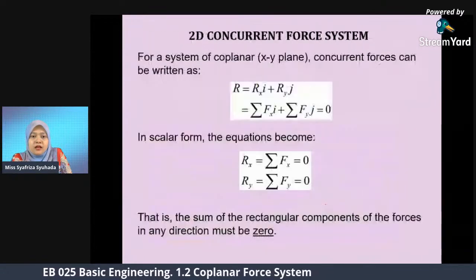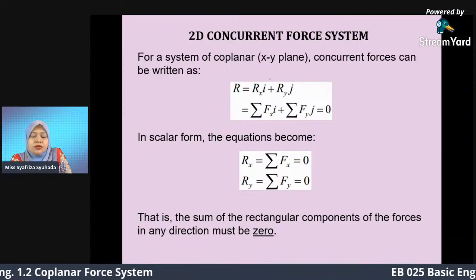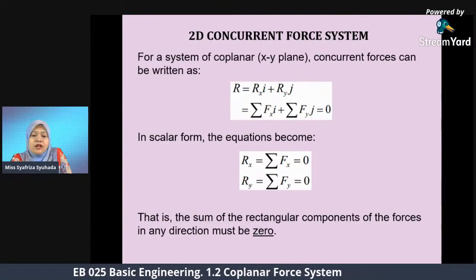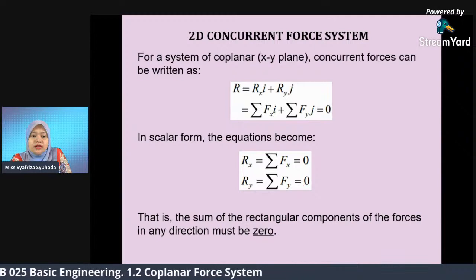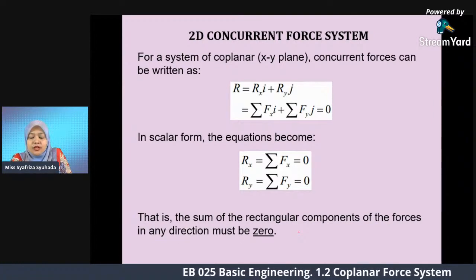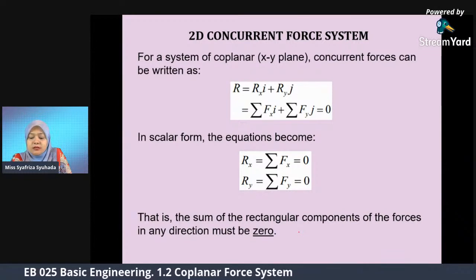So for 2D concurrent forces system, we use for example Ri plus Rj, and the answer is 0, or sum of Fx and sum of Fy is equal to 0. That is, the sum of rectangular components of the forces in any direction must be 0, for X or Y component for 2D concurrent force system.